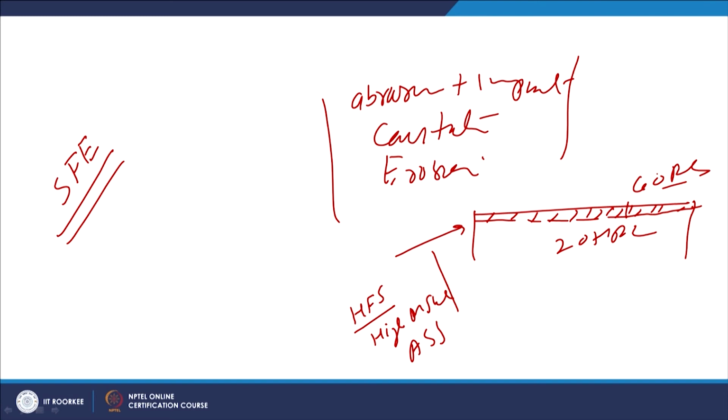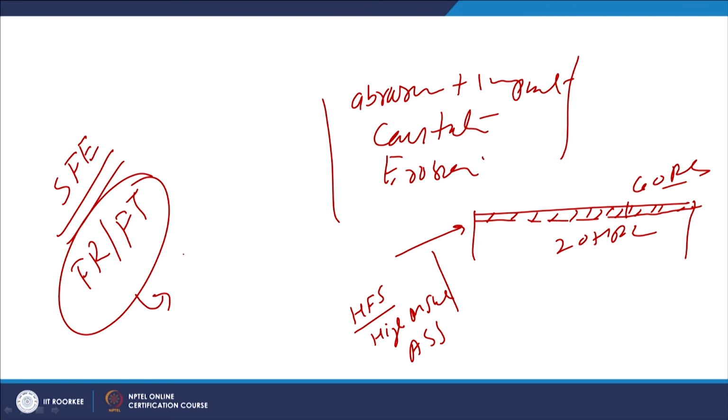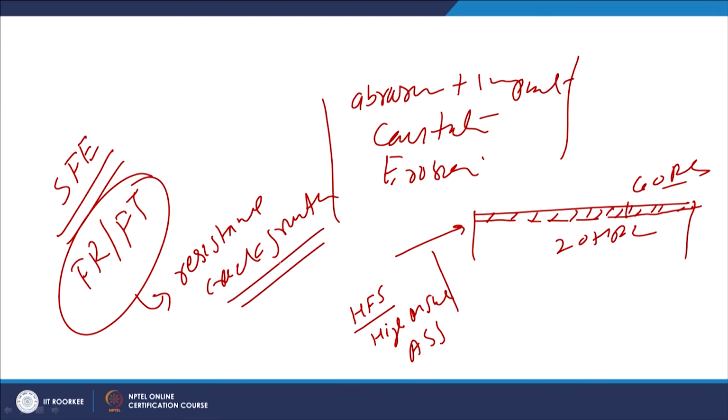Then fatigue resistance and fracture toughness both are important. Both are properties showing the resistance to crack growth, which eventually causes the removal of the material.